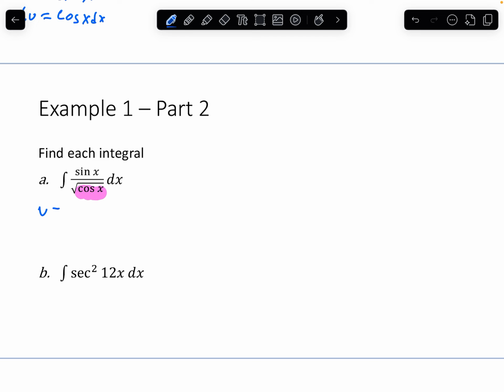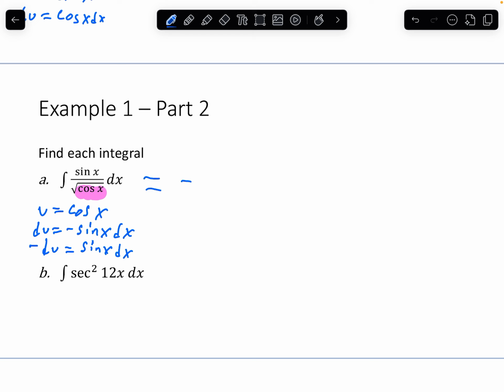So u is going to be the cosine of x, and the derivative of u is going to be negative sine of x dx. There's no negative outside of this function or in the terms of the integration, so we're going to divide by that negative 1 and move it over. So negative du is the sine of x dx.